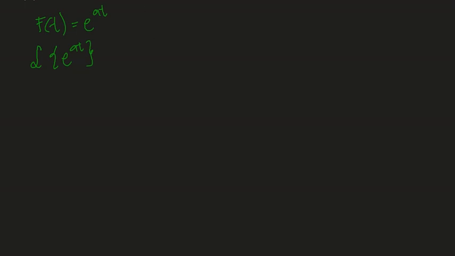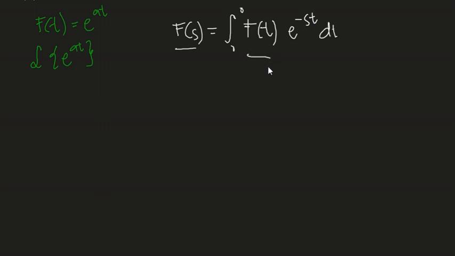So we know that we are going to substitute this in our equation wherein we are going to find the Laplace transform, which is represented in F of s, which is equal to the integral from 0 to infinity of your function of t times e raised to negative st. And we are going to substitute our function of t here.